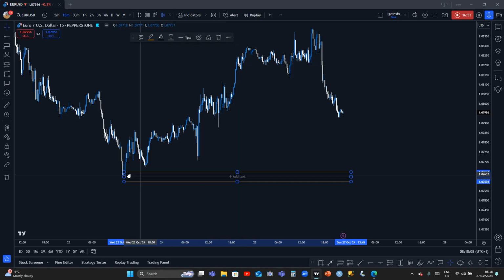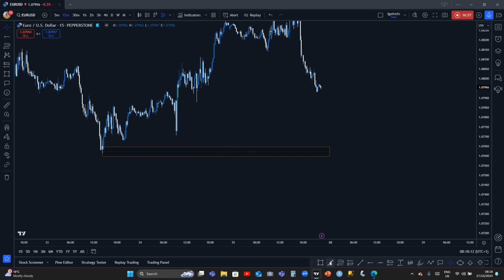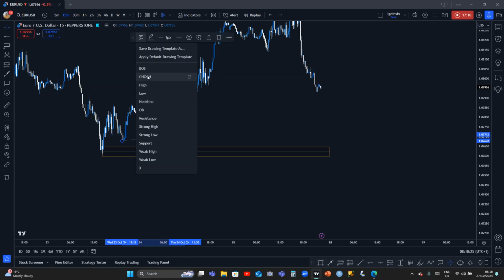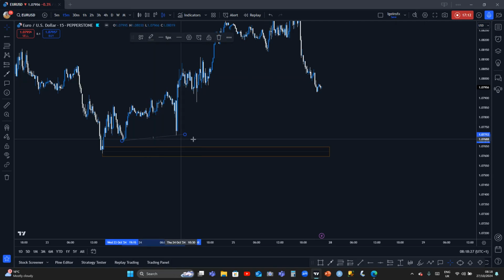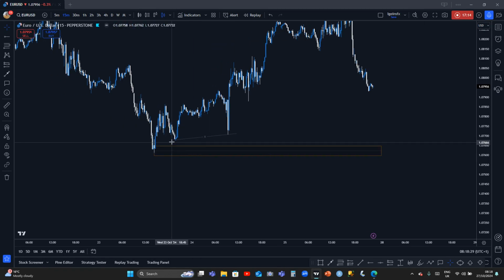All right, this is an imbalance. All this area is what? A liquidity grab. This is a liquidity point here. This is a liquidity grab here.